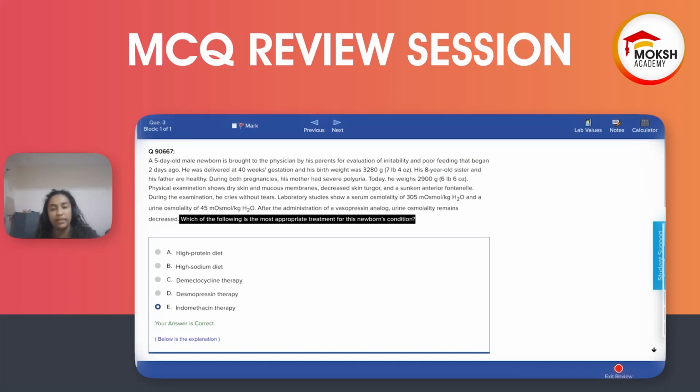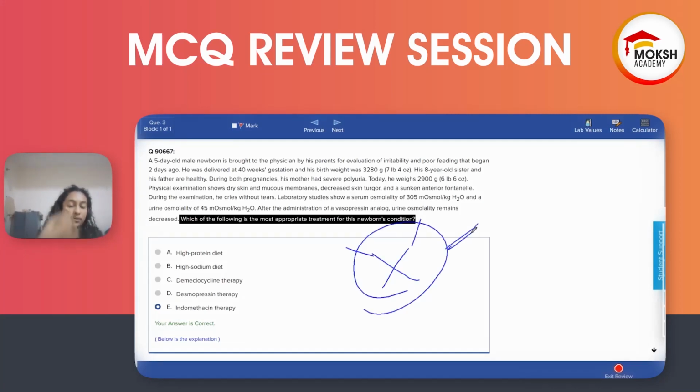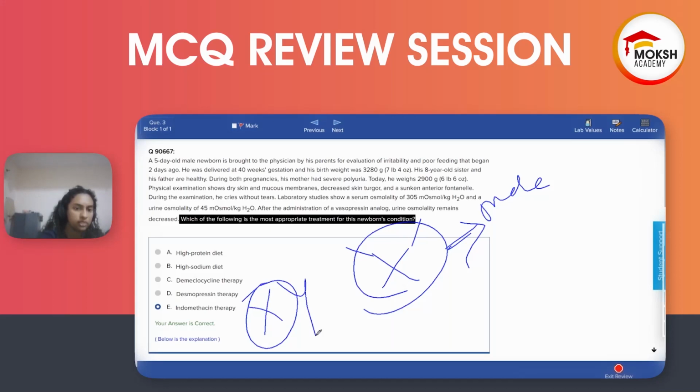So basically the newborn has a condition where there is a mutation in the vasopressin receptor. They say this is X-linked nephrogenic diabetes insipidus. X-linked mutation is always important in males, right? There is only one X allele, XY.